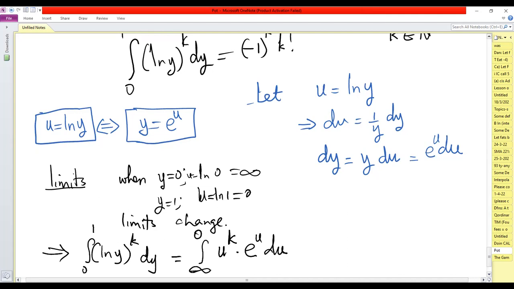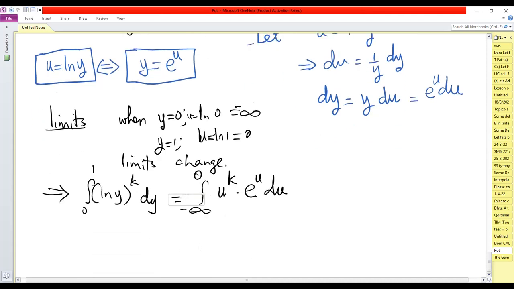So remember the limit here, ln of 0 is negative infinity. Let's call this one 1.